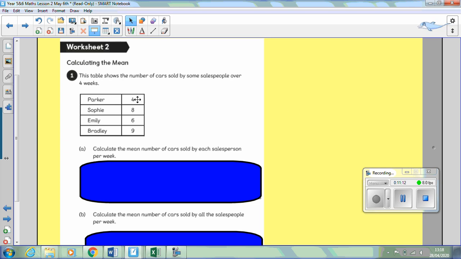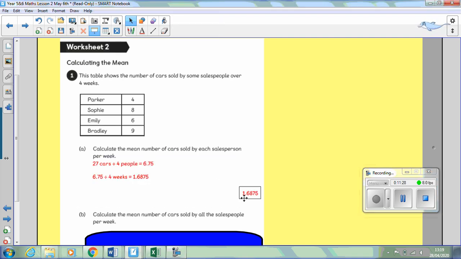So the first question, this table shows the number of cars sold by some salespeople over 4 weeks. Have a go at the question. Right, and the answer for this one is 1.6875.